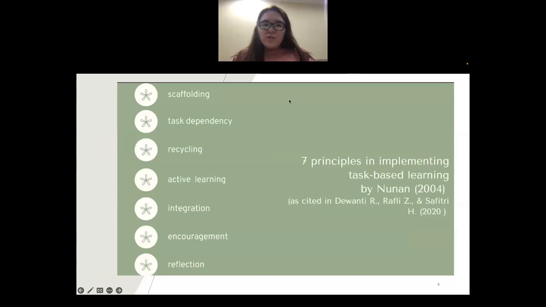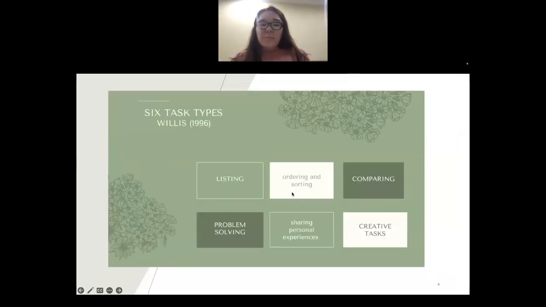Then seven principles in implementing task-based learning by Nunan. First, scaffolding, facilitating, task dependency, recycling, which means coming back to the task, then active learning, integration, encouragement, and reflection on your task. Okay.